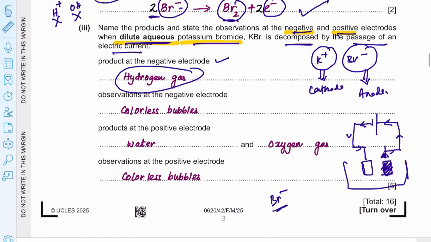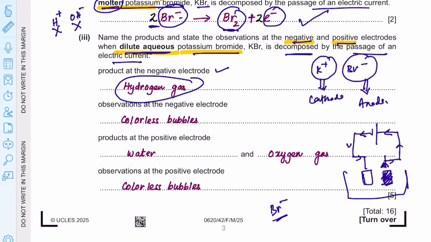Before going to this question, let me explain one more thing. Listen, aqueous solution means what? It means the ions present right now are K plus, Br minus, and, because aqueous means we have water molecules present, H plus and OH minus. All these ions will be present. So what happens?